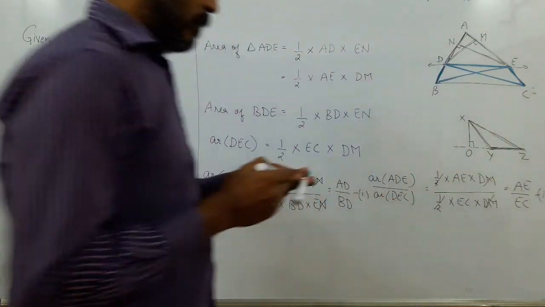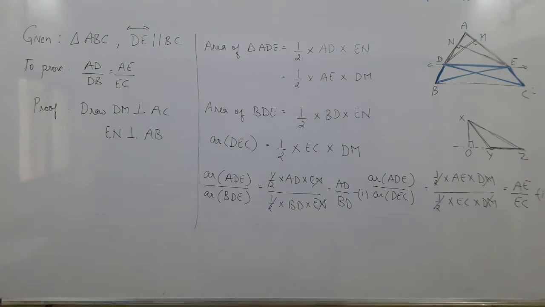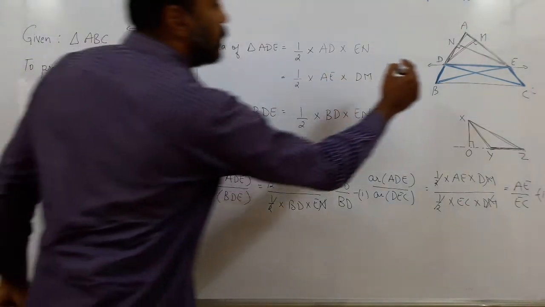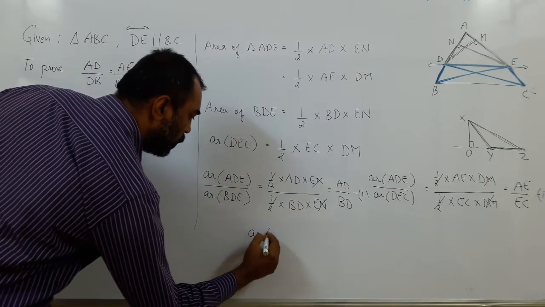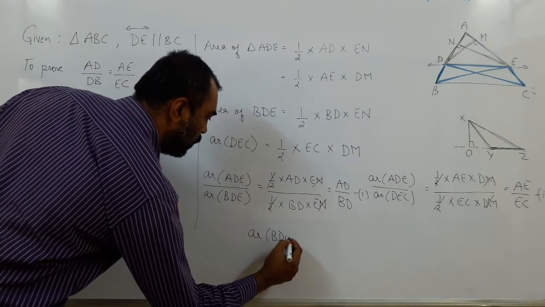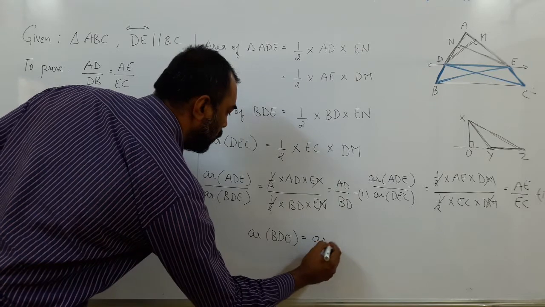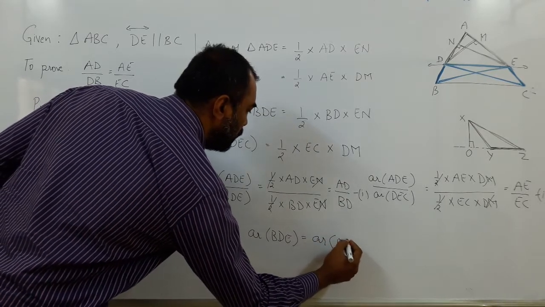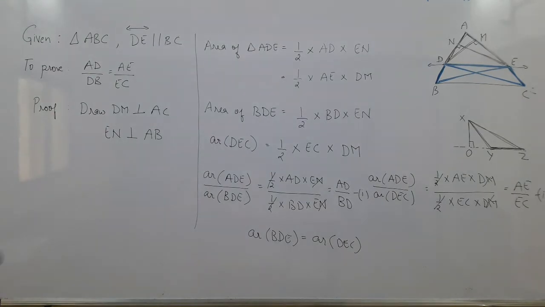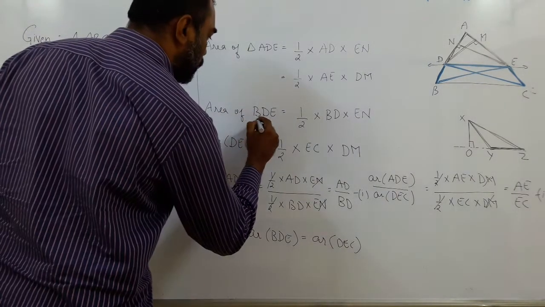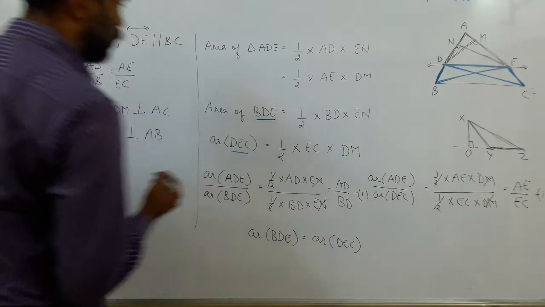So write again. Which triangles have they taken? Triangle BDE. Area of BDE equal to area of DEC. Meaning to say the area of this triangle and this triangle are equal.